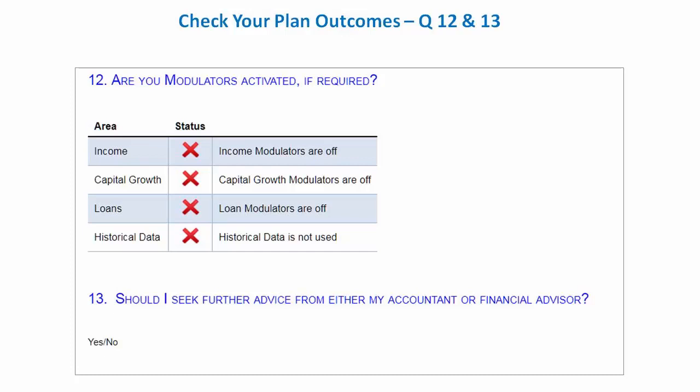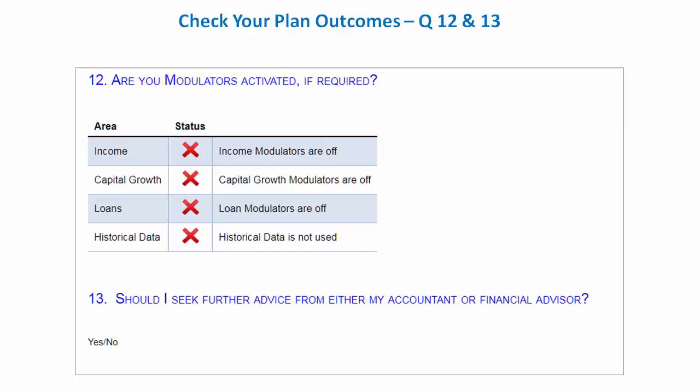The final question is, should I seek further advice from either my accountant or financial advisor? All the questions asked in this report are concepts you need to understand if you are building your own financial plans. Both the help file and the video help files are aimed to improve your financial literacy.